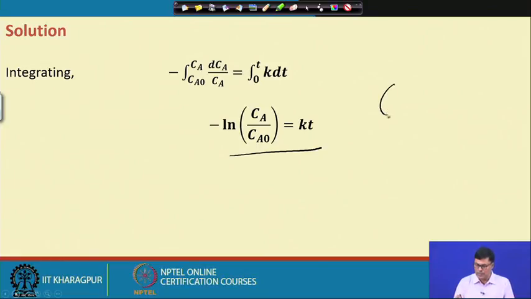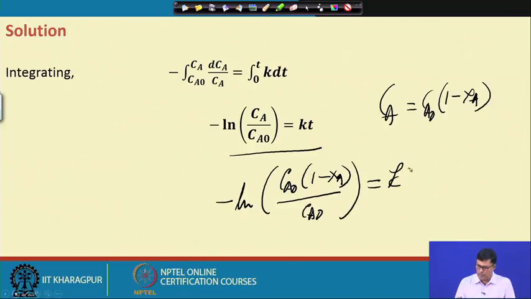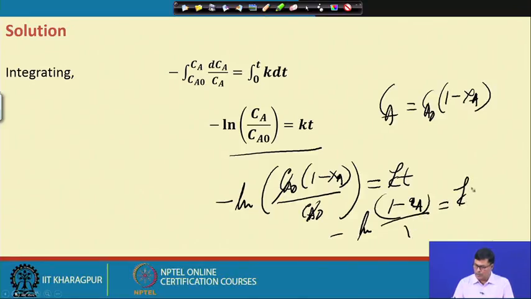Now, what is CA? CA equal to CA0 into (1 minus xA). Am I right? If you put this here, then ln of CA0 by CA0 into (1 minus xA) equals k into t. So, this will cancel, and what we will get is minus ln(1 minus xA) equal to k into t.